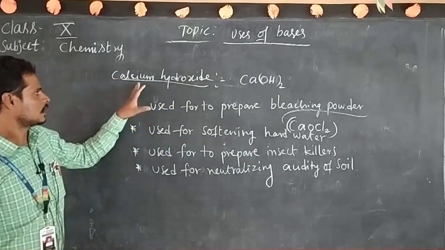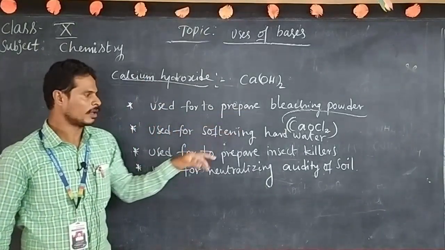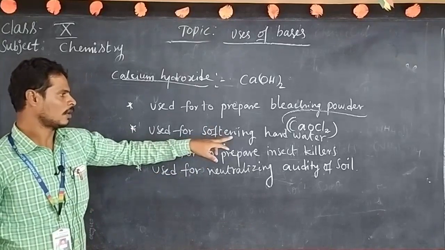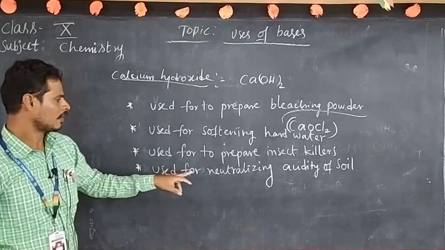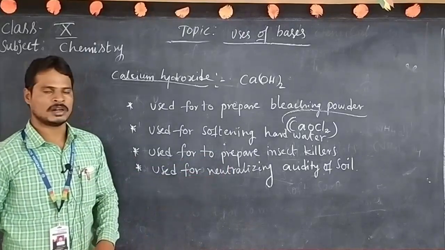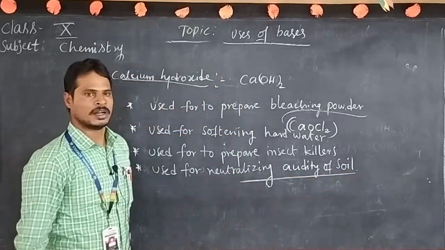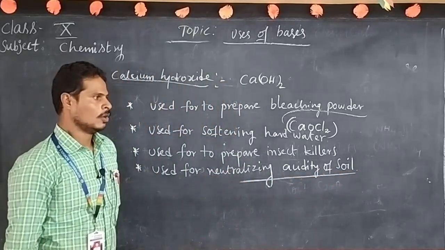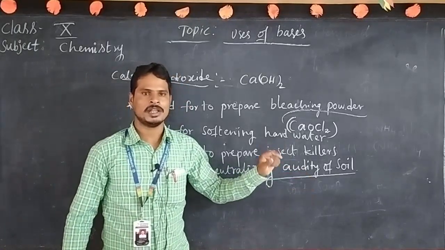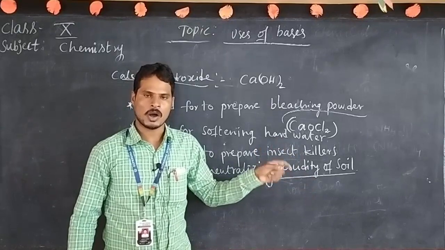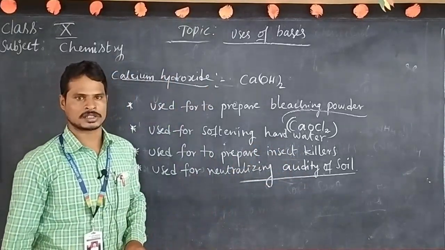So these are the uses of calcium hydroxide. First one is to prepare bleaching powder, softening of hard water, preparing insect killers, and neutralizing acidity of soil. So how can you neutralize the acidity of soil? Here acidity means acidic nature. The soil which has more acidic nature. How can you reduce the acidity of soil? By using calcium hydroxide.